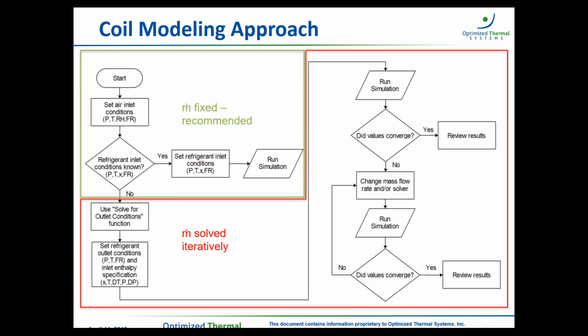Whereas if we don't know the mass flow rate and we use the iterative solver, each time we solve this heat exchanger model, we may end up with a different mass flow rate. It makes it very difficult to tune heat transfer coefficients and pressure drop coefficients when the refrigerant mass flow rate or air mass flow rate is not fixed.